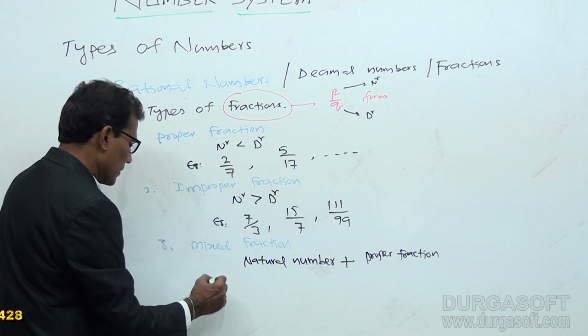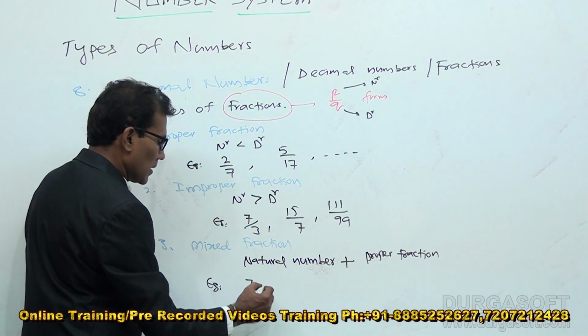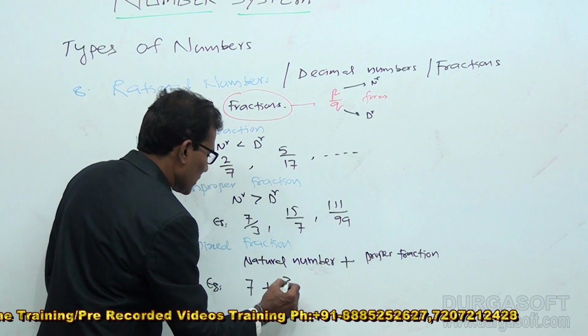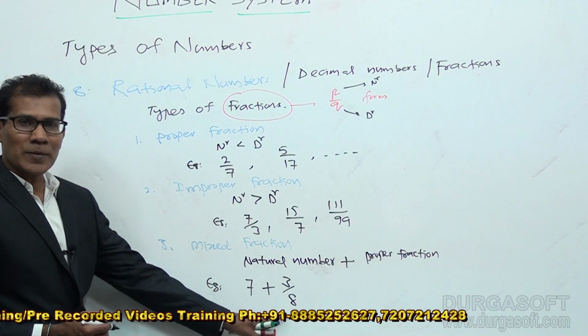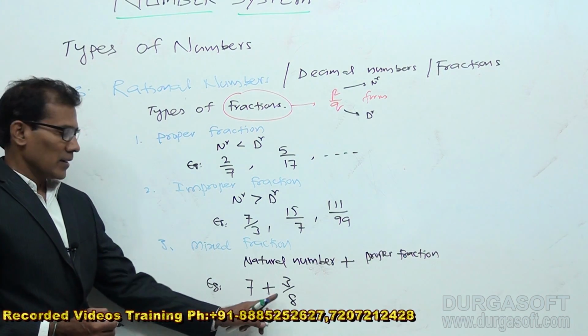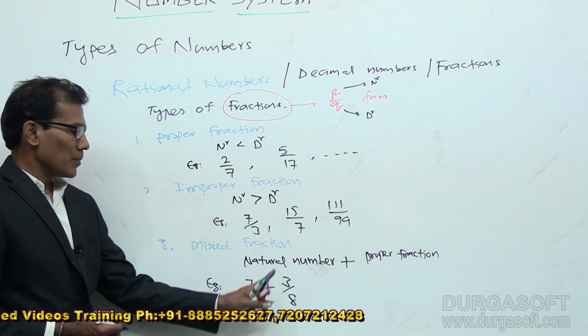Say example, take any natural number, say 7, plus a proper fraction, I take 3 by 8. 7 is a natural number, 3 by 8 is a proper fraction. Since numerator is smaller than denominator, each natural number plus a proper fraction is called mixed fraction.